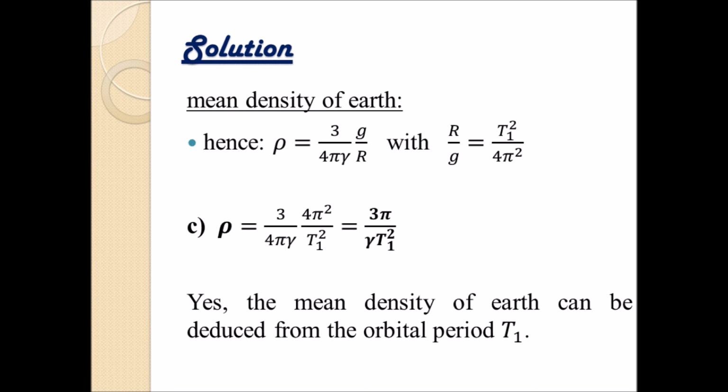Which means, yes, the mean density of Earth can be deduced from the orbital period T1. Of course, assuming that we know the gravitational constant gamma. I think this is really an interesting point. Making a couple of simple assumptions, we can actually calculate the average density of our planet from the orbital period T1.